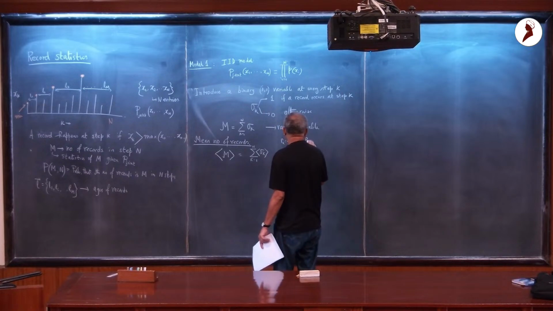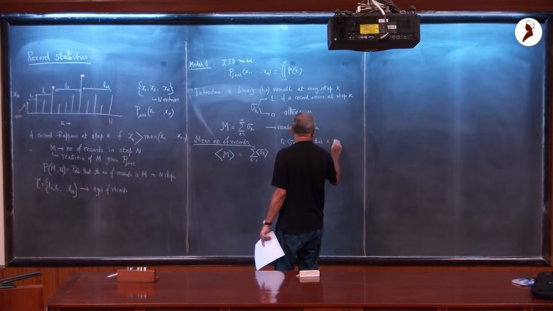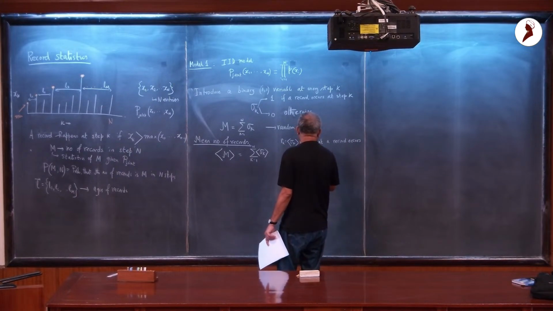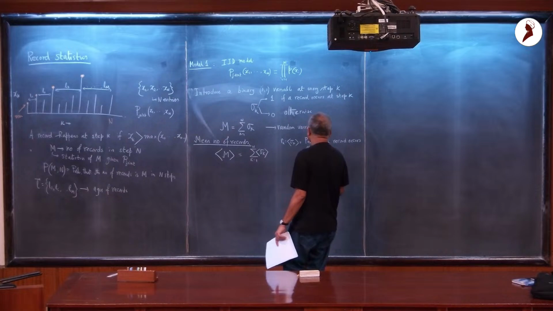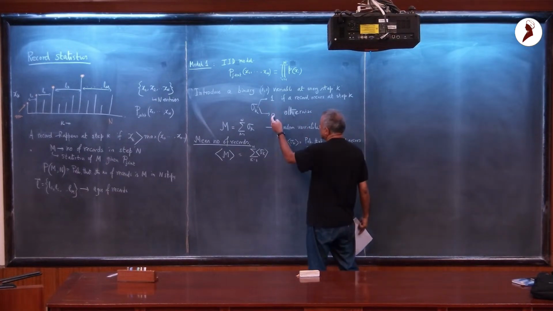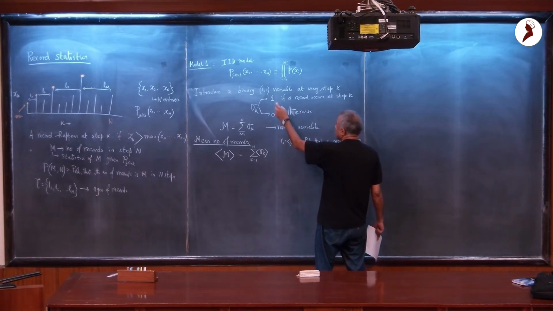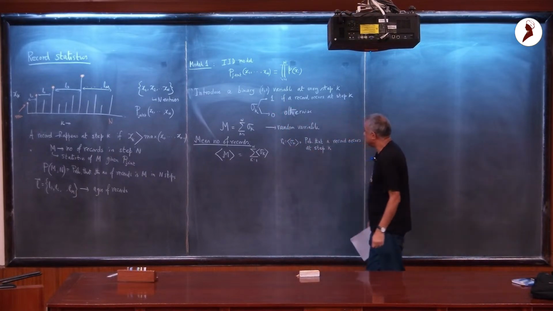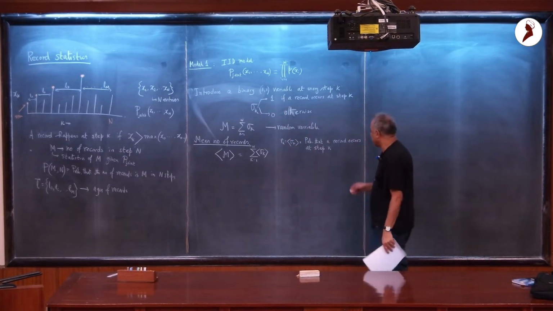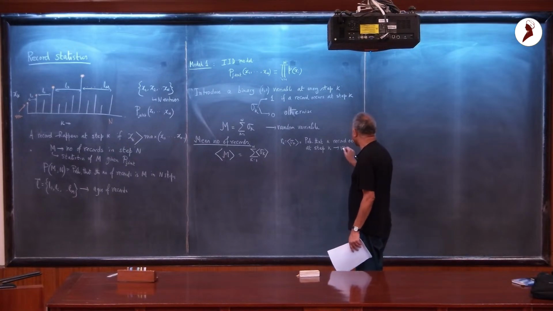This is just the probability that a record occurs at step k. Right? Because sigma k has value 1 or 0. So if I take the average, this will be 1 times the probability that there is a record, plus 0 times the probability that it is not a record. So this is just the probability that a record occurs at step k. And sometimes in the literature, this is called the record rate. It is the rate at which records occur.